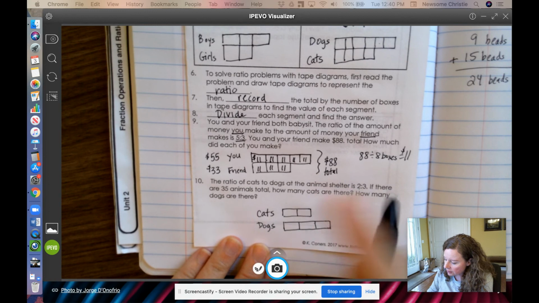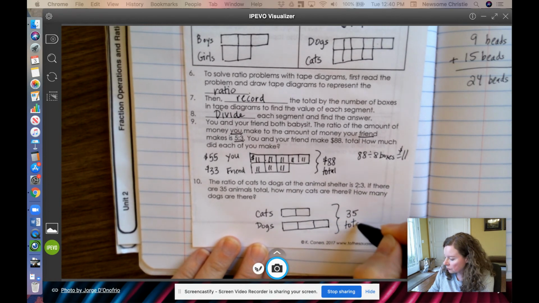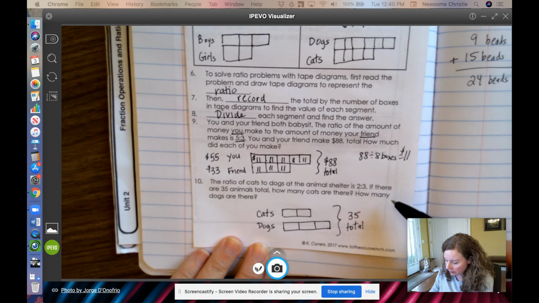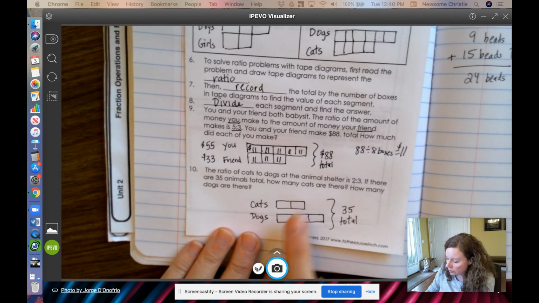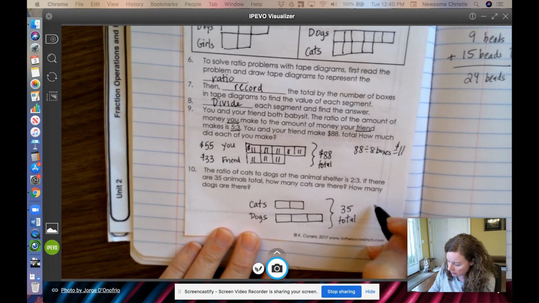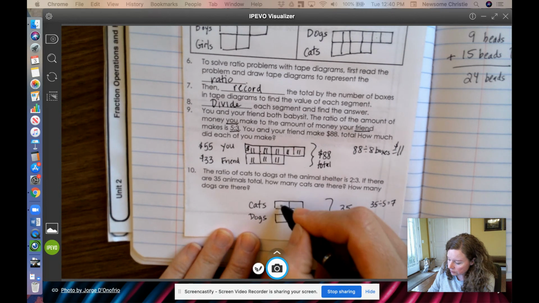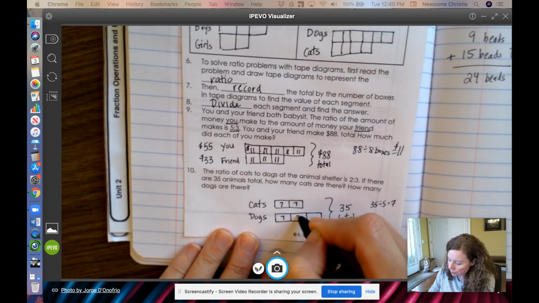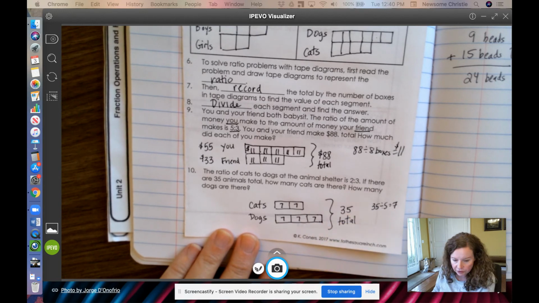And it says if there are 35 animals total, how many cats are there? How many dogs are there? So this is where we've got to divide it up. So we have 1, 2, 3, 4, 5 boxes. 35 divided by 5 is 7. So we could put 7s in each of those boxes because 7 times 5 is 35.